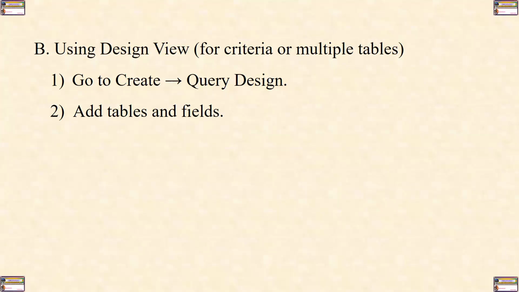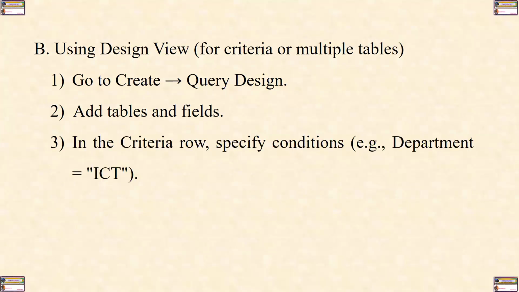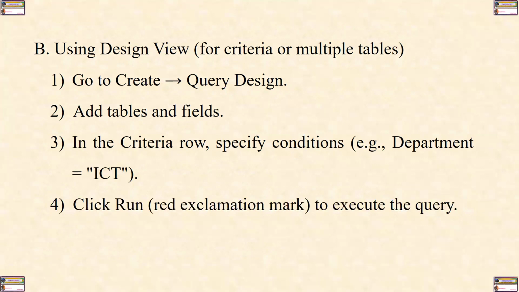Then add the tables and the fields that you require for your query. In the criteria row, specify the condition, for example, department equals ICT. You click on run, the red exclamation mark, to execute the query. You save the query and you are done. Your query will be ready.